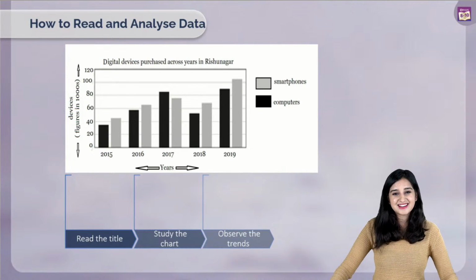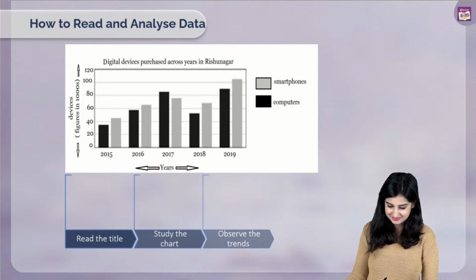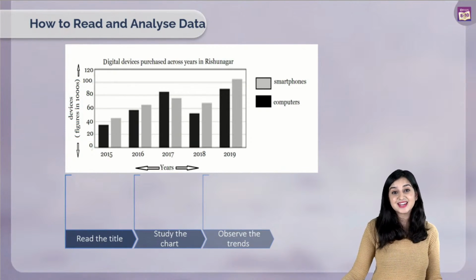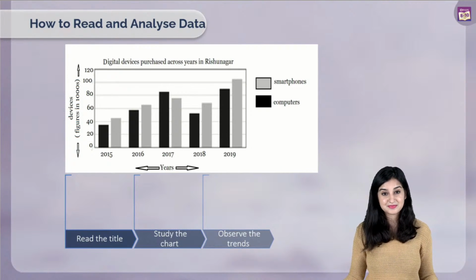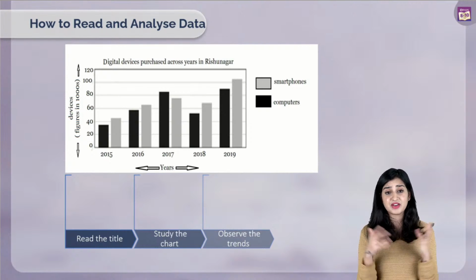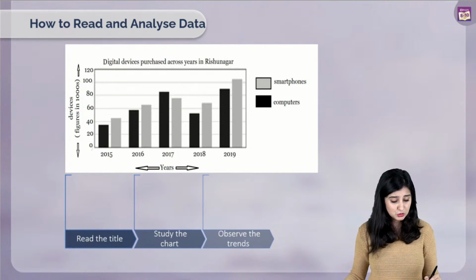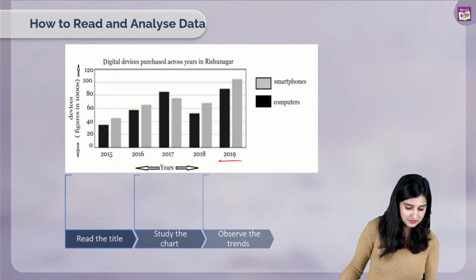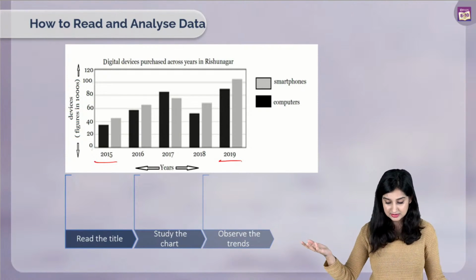All right. So have you all had a chance to analyze? Okay, so let's get to the trends, okay? So the first thing that I noticed, and I think this is very obvious, I'm sure all of you also noticed it, is that if you look at 2019 and 2015, obviously the purchase has increased, okay?